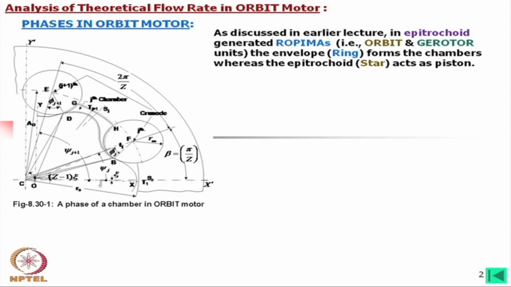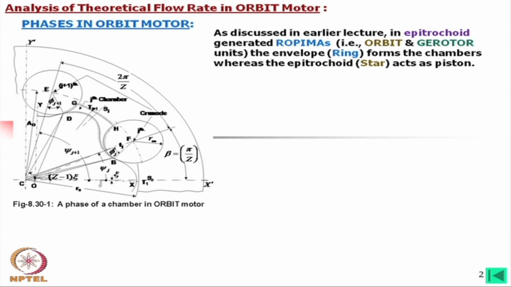In this lecture, I shall show how to estimate the geometric volume of a chamber and then the swept volume, and how to find out the volume displacement rate with the shaft rotation.